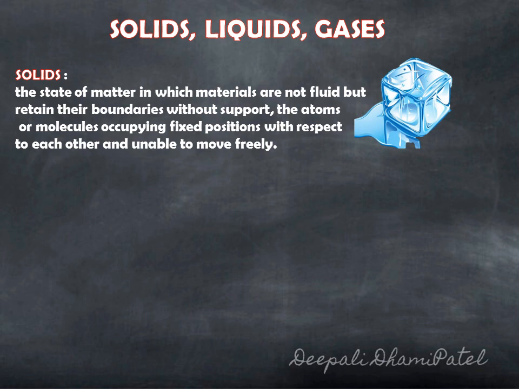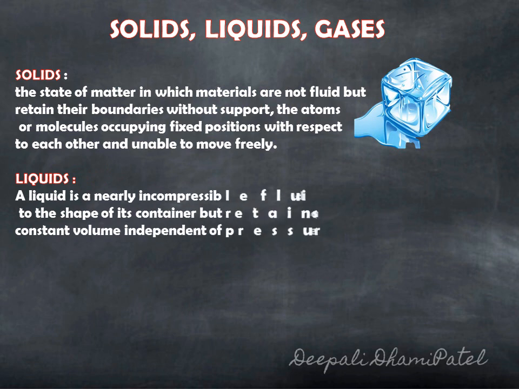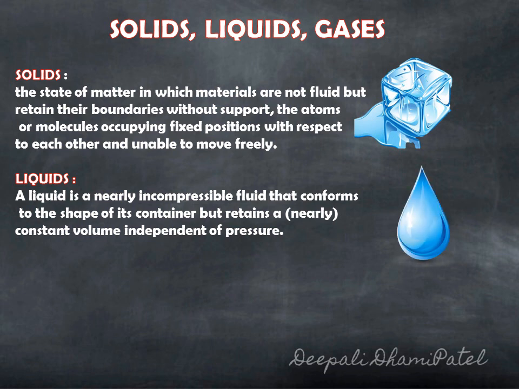The best example is ice. Liquids. A liquid is a nearly incompressible fluid that conforms to the shape of its container but retains a nearly constant volume independent of pressure. Water.